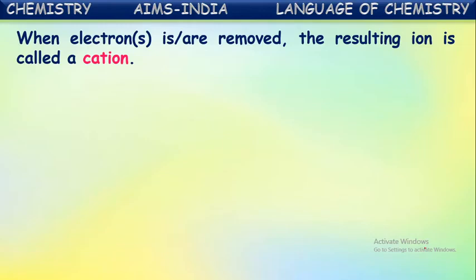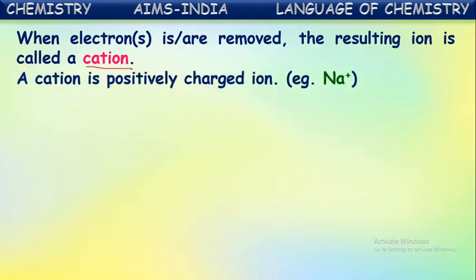Those positively charged particles are called cations, formed by the loss of one or more electrons. For example, sodium forms an Na plus ion by the loss of an electron. This Na plus ion is a cation. Cations are positively charged ions formed by the loss of electrons.